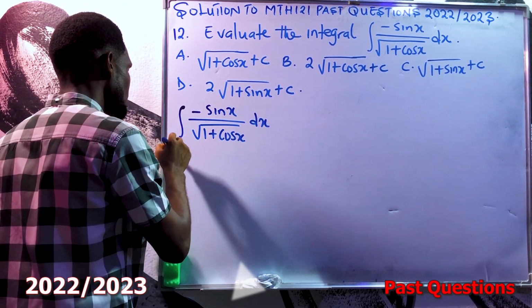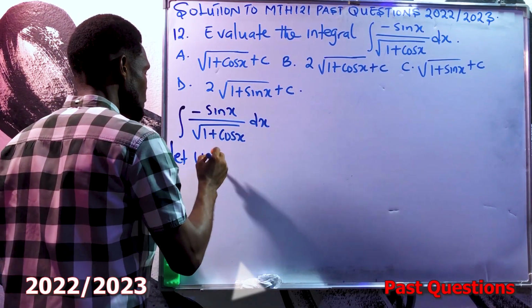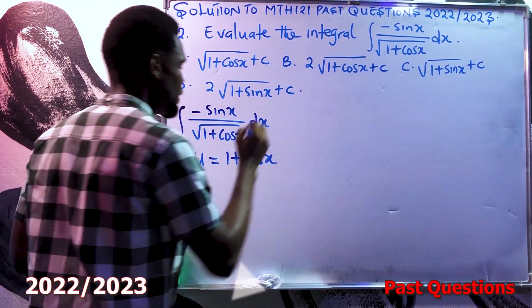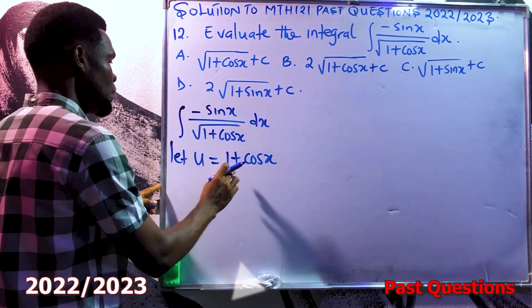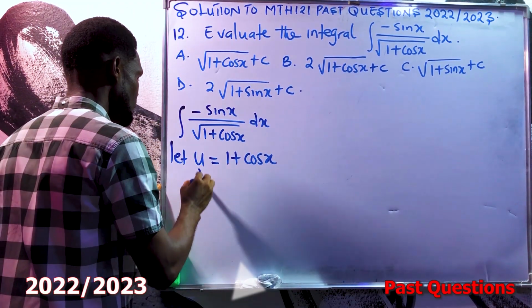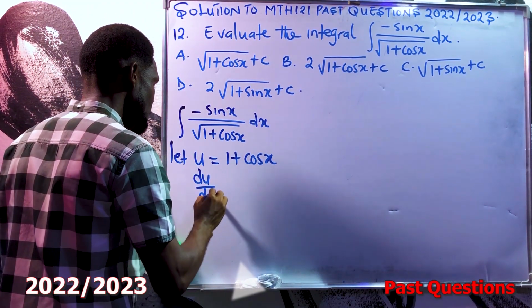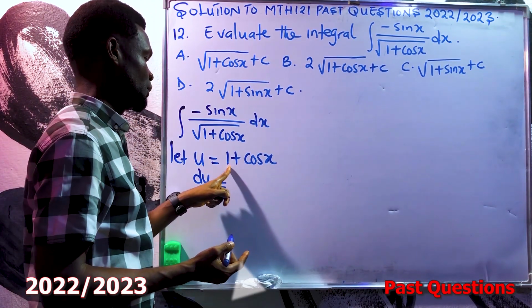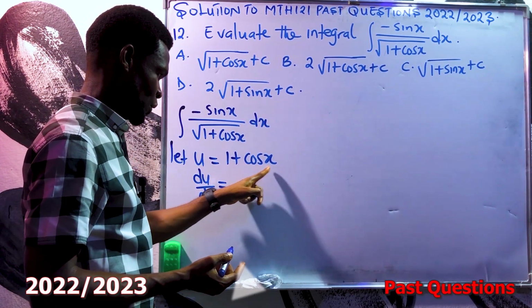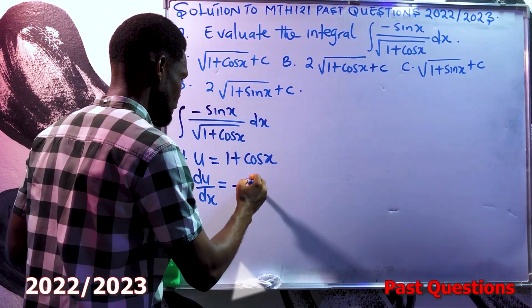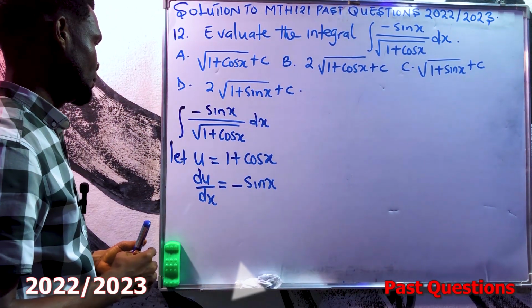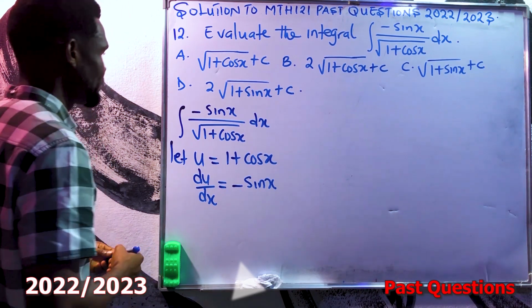So let's say, let u be equal to 1 plus cos x. So let's differentiate this. du over dx will be equal to, the derivative of 1 is 0, and the derivative of cos x is minus sine x.